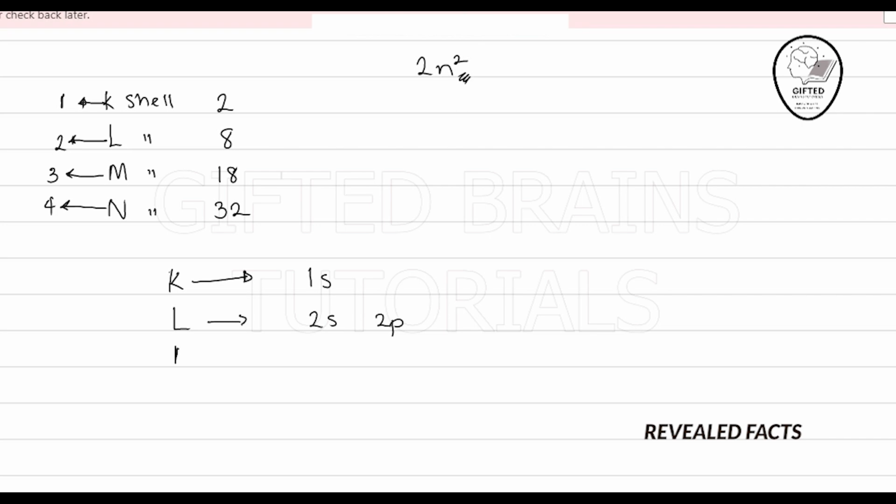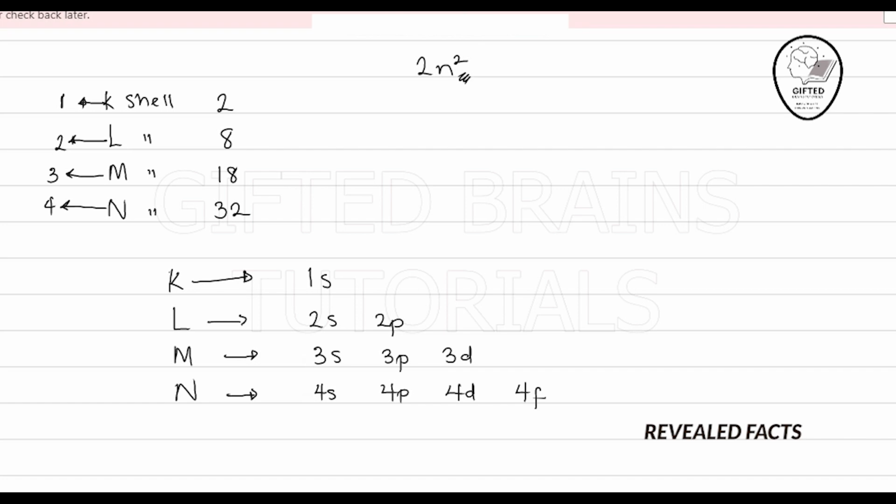The M has 3s, 3p, and 3d orbitals, while the N has 4s, 4p, 4d, and 4f. I want you to notice something, how numbers repeat here.